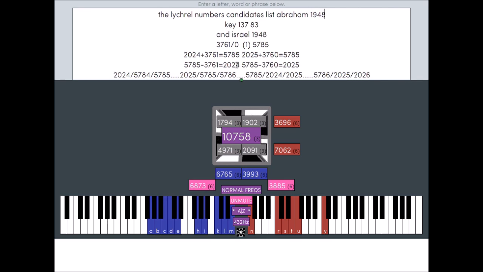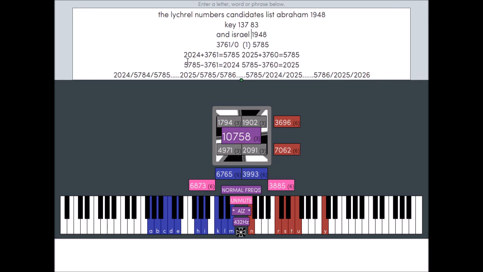The word key is 5708 left and right, and it shows the double 1948, and then I put in the and Israel, which is the other 1948, right, that's shown in those two keys, and then there comes our total deal, 1947 plus 3761 equals 5708. Right?